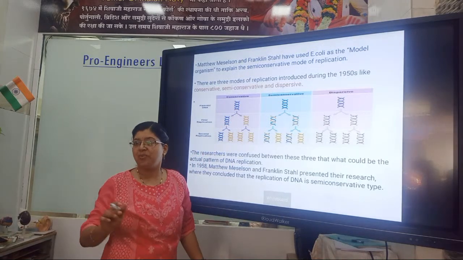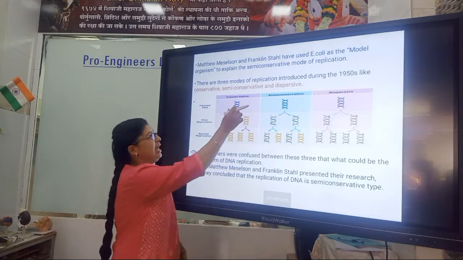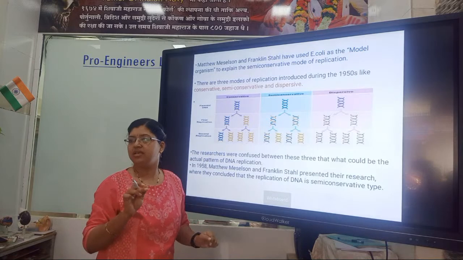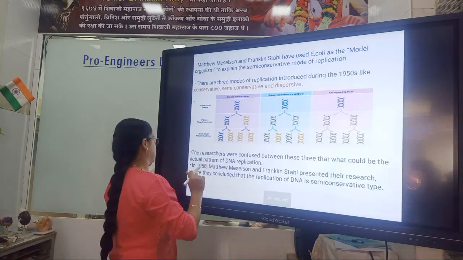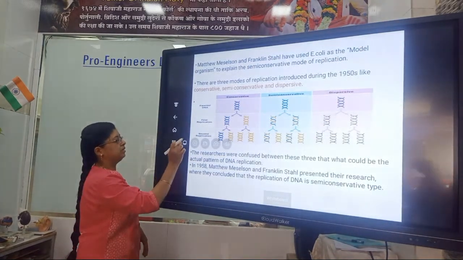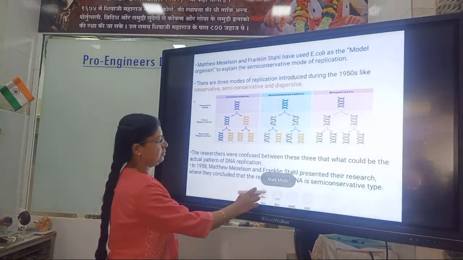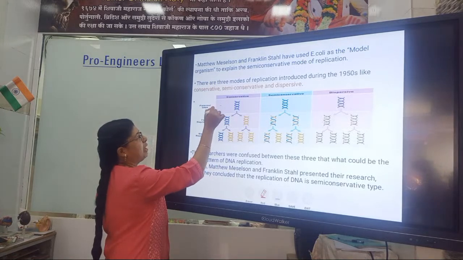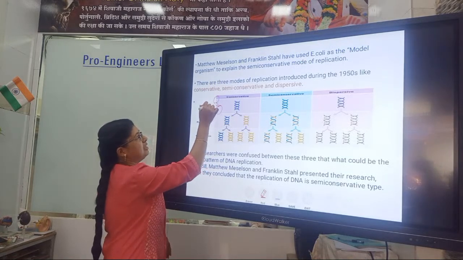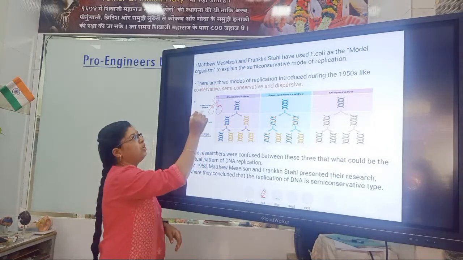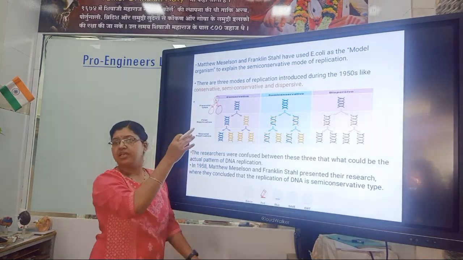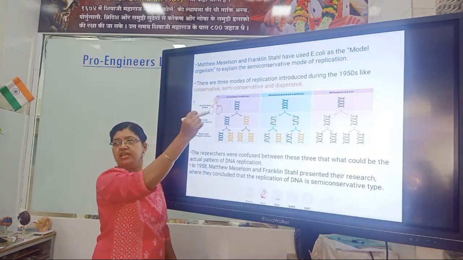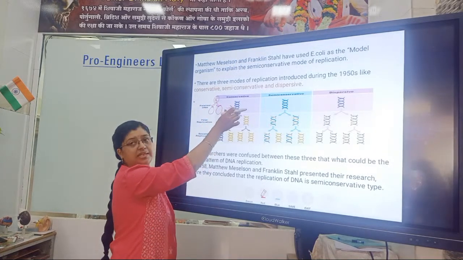DNA replication means there is a division of the cell, correct? In cell division, one cell is divided, which means the genetic material is also divided, right? What is the genetic material inside it? DNA.